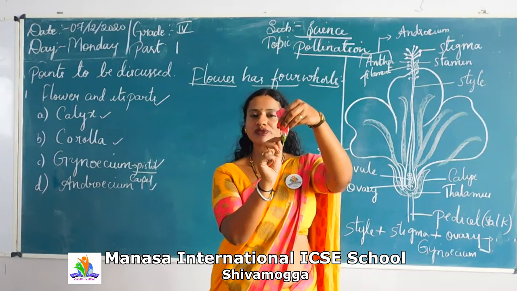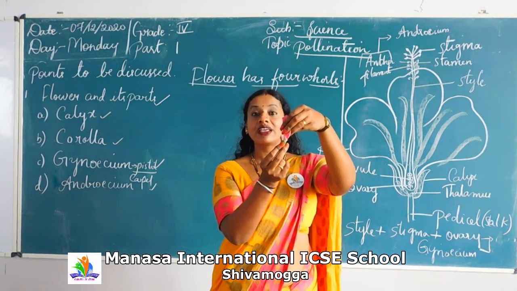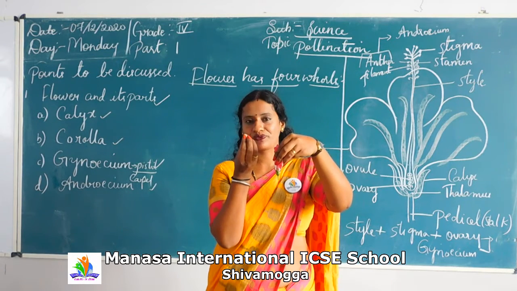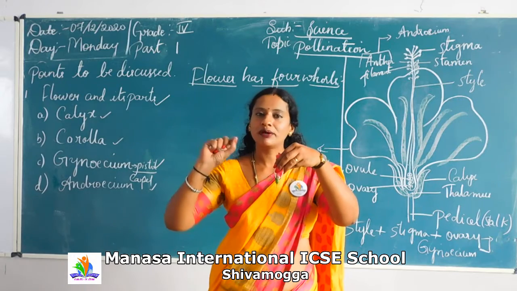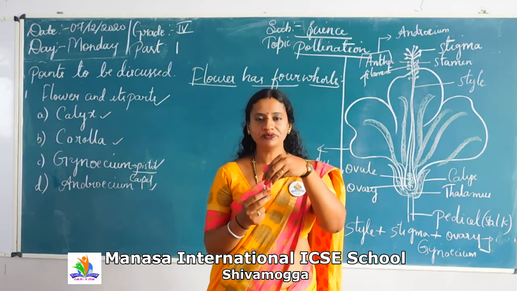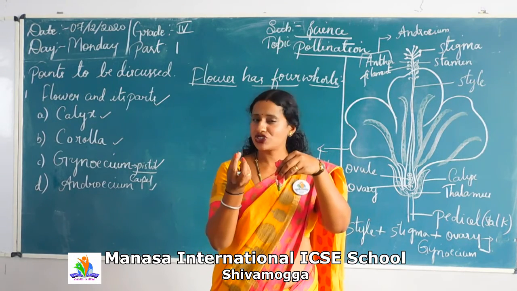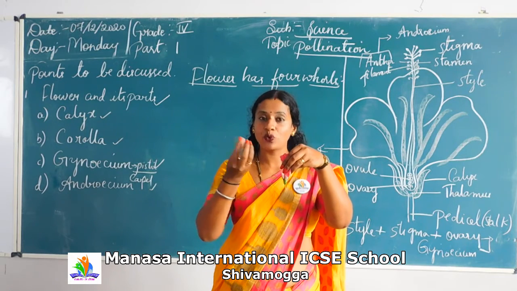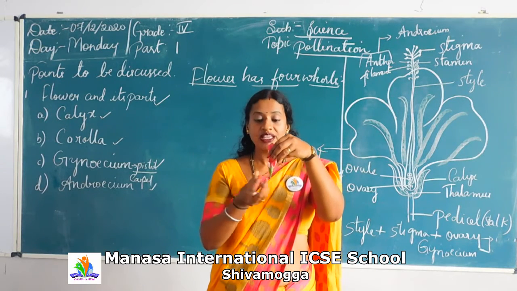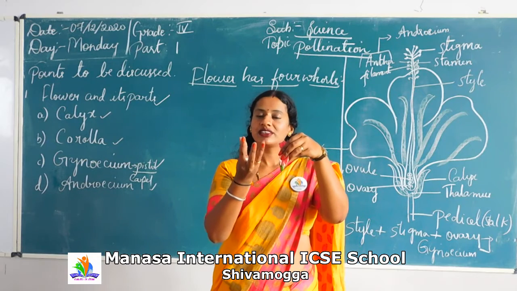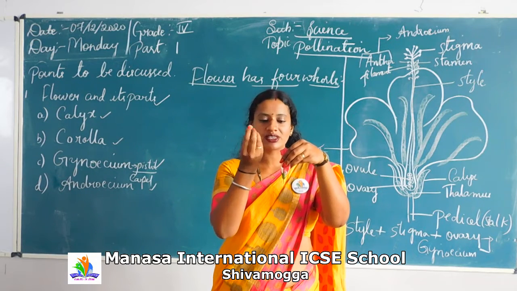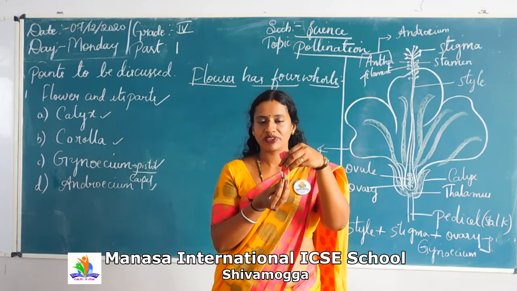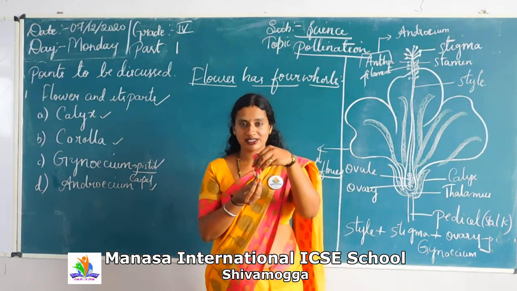Then what is the function of the calyx? The calyx protects the flower in bud condition. Just pluck a bud in your garden and check that before the flower blooms and the petals come out, the calyx encloses and protects the petal part. That is the function of the calyx.